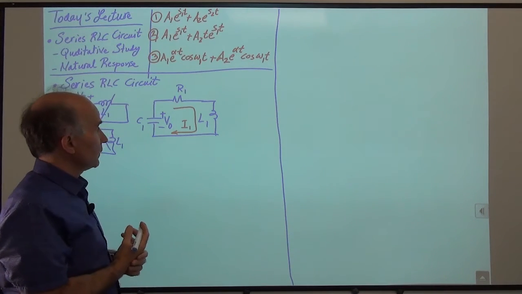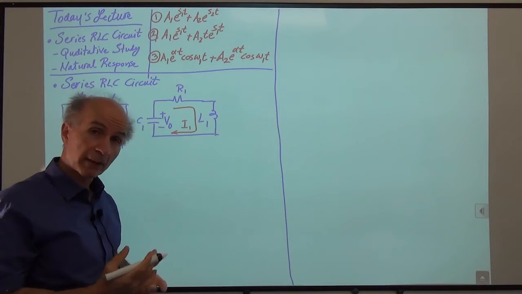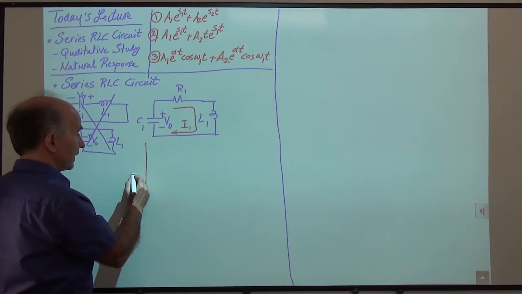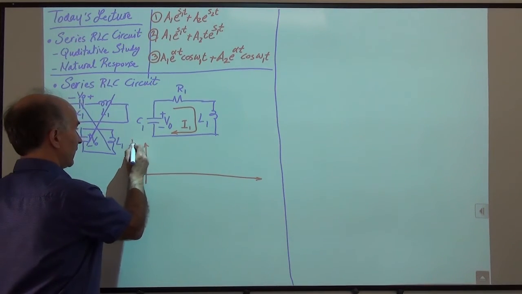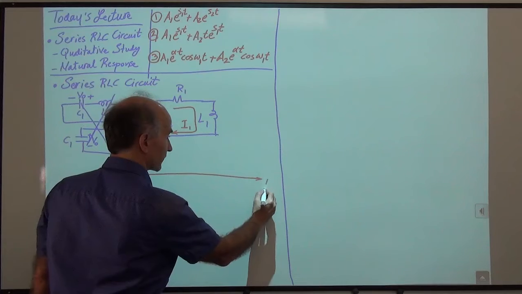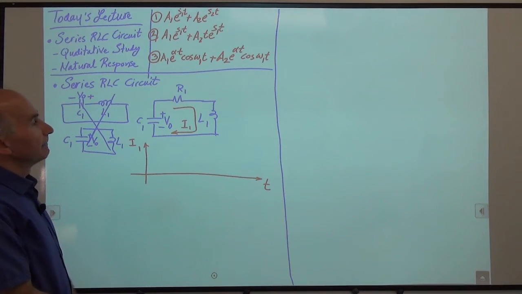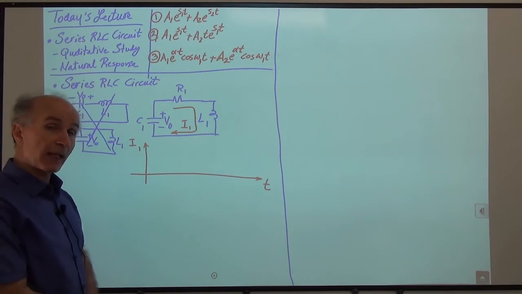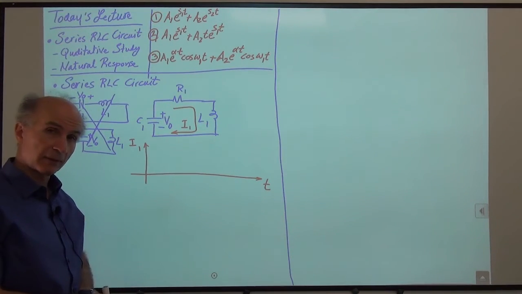Okay, so let's just qualitatively predict how this current should change as a function of time. All right, well, how much is I1 at time 0 plus? It has to be 0 because the inductor wants to keep that current 0, right?